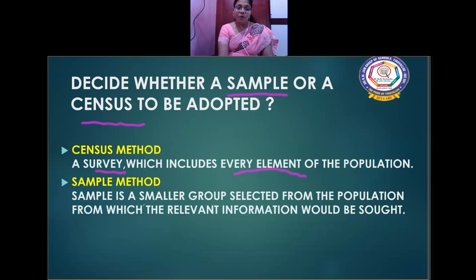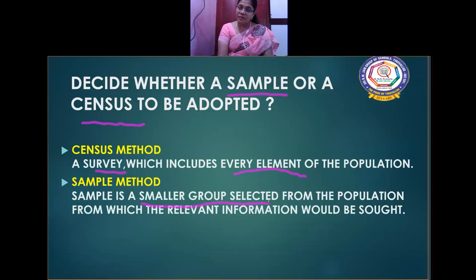But in the sample method, the government can include a smaller group selected from the population, from which they will get relevant information. So when each and every individual is contacted and we record their views, that method is called the census method.